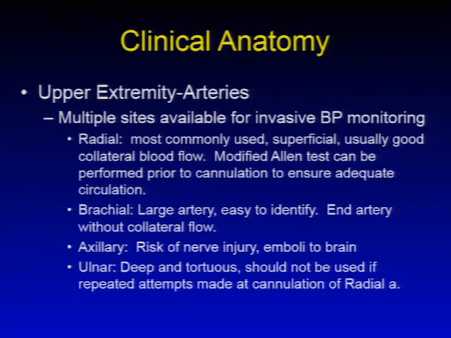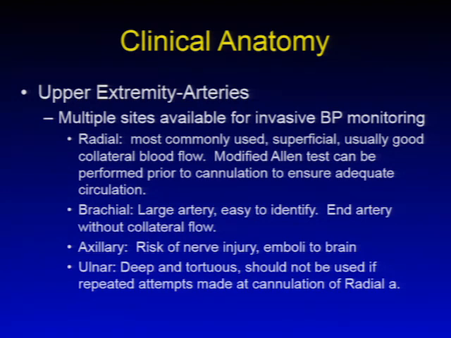The brachial artery is a large artery, easy to identify. However, it is an end artery without collateral flow, and should it be occluded, develop a hematoma or a thrombosis, may lead to ischemia of the distal extremity. The axillary artery is also a large artery.